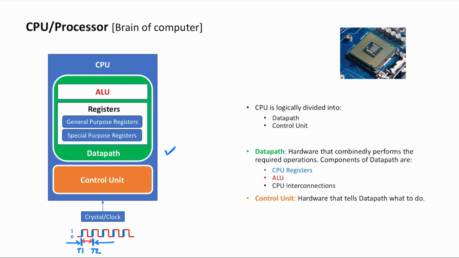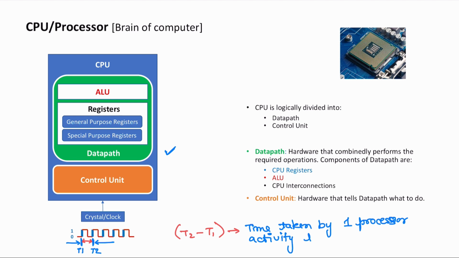This time T2 minus T1 is the time taken for one processor activity to get completed, and this is nothing but the clock cycle.